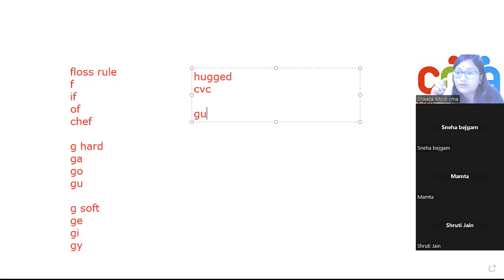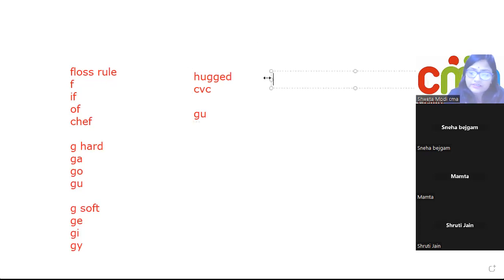The root word is hug only, so it cannot be taken in the rabbit rule. In rabbit, the root word is rabbit, and we are not adding any suffix. But in hugged, we are adding a suffix, and because of that, the letter is doubling. Okay, got it.